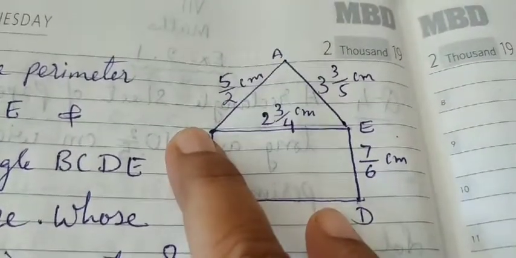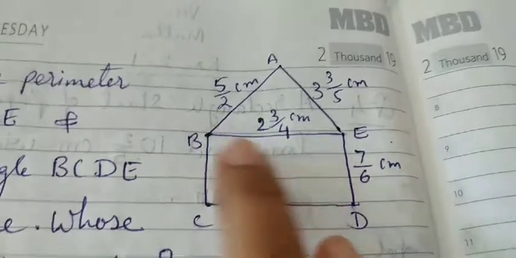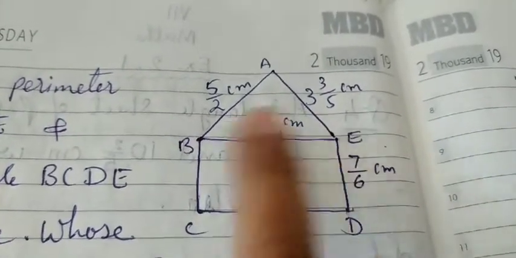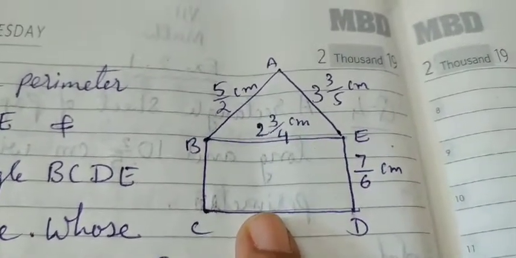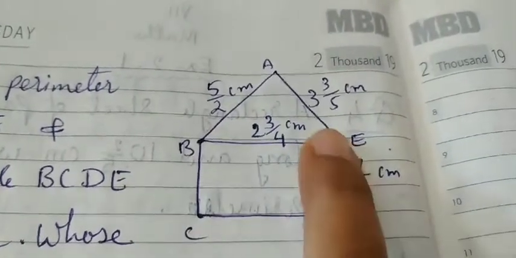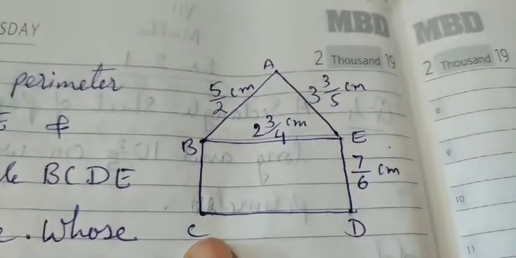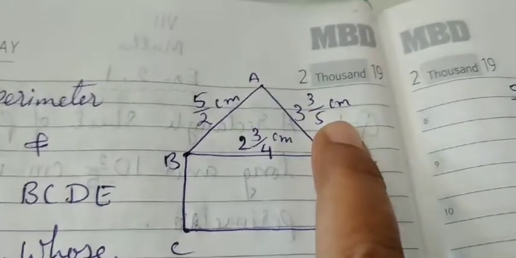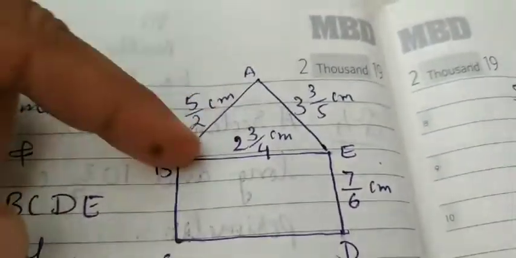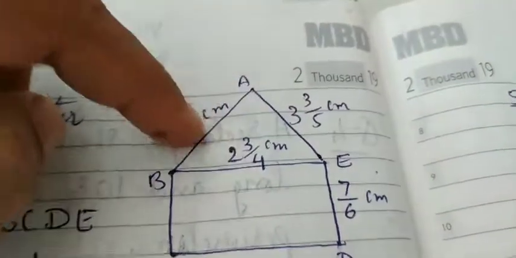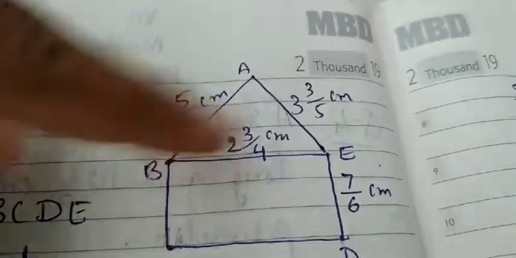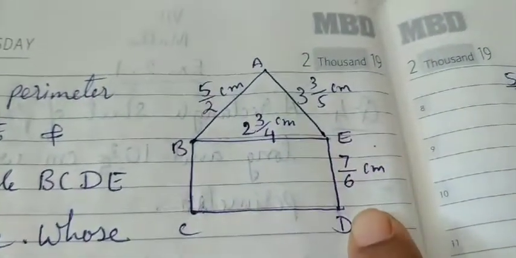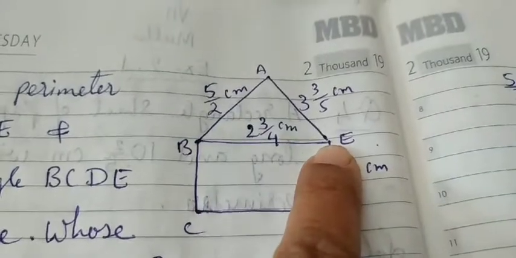AB is 5 by 2 centimeter, BE is 2 integer 3/4, which is one side of the triangle and at the same time is the length of the rectangle BCDE, and the third side of the triangle is 3 integer 3/5. You have the measure of all three sides of triangle ABE, and then you have the width and length of the rectangle.